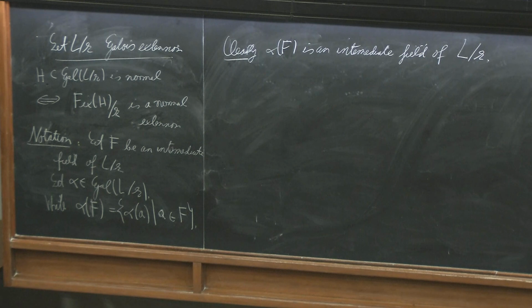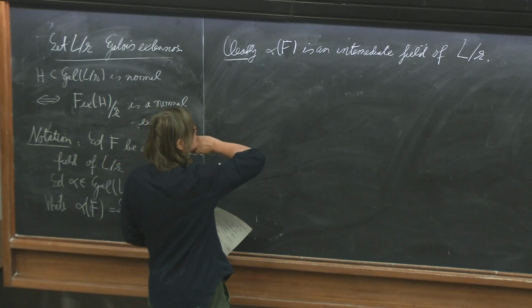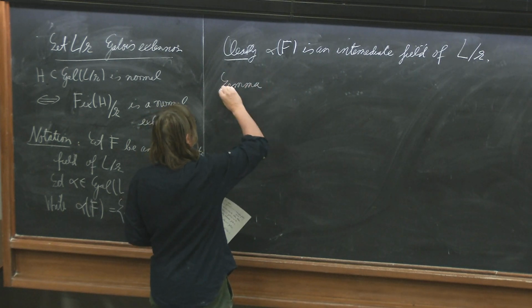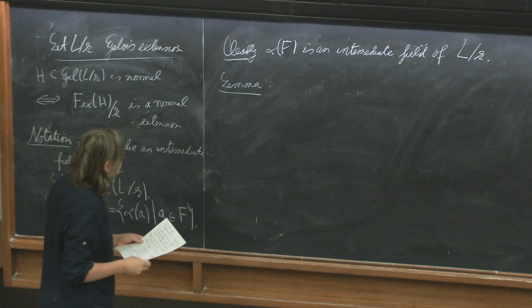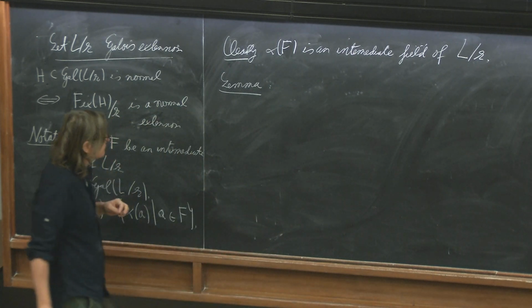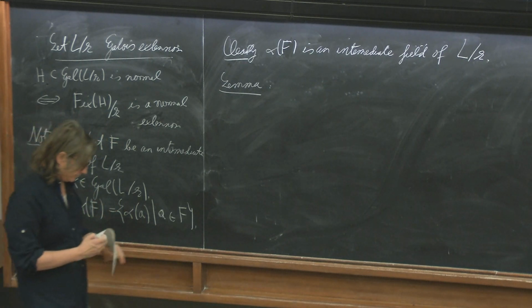It moves them around. And now one can ask, the first thing is what happens to the Galois group if I replace F by alpha of F, and the claim is it gets conjugated.